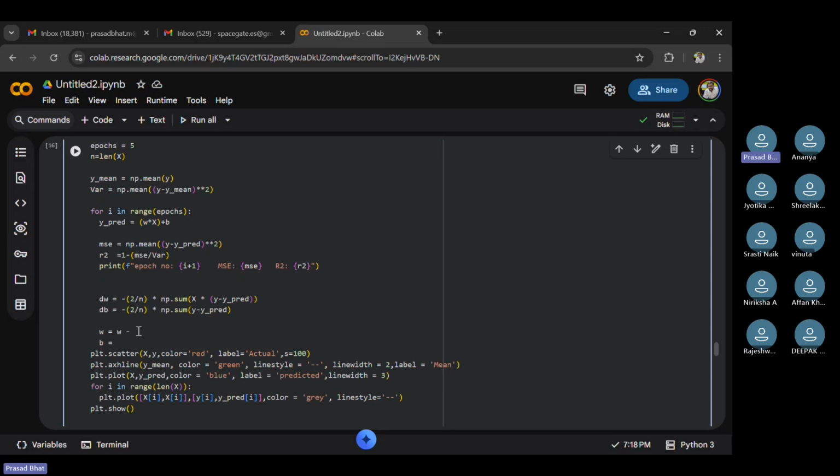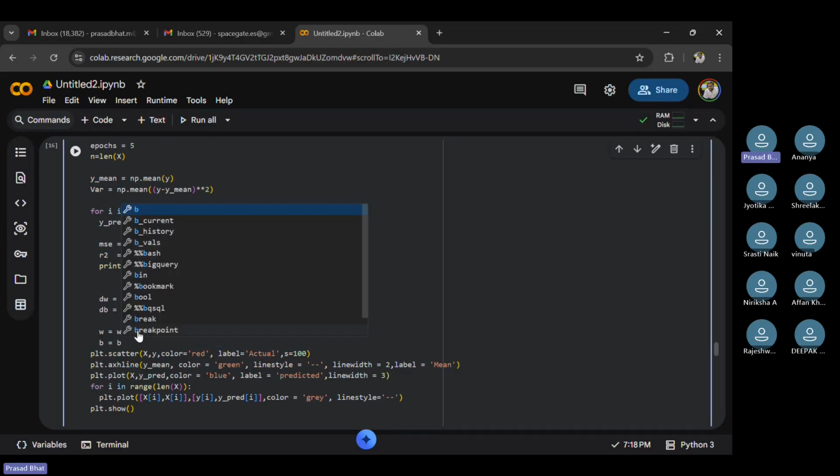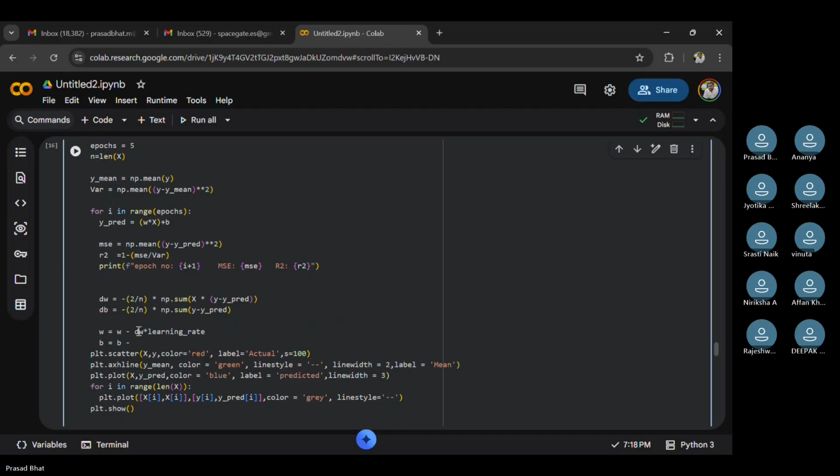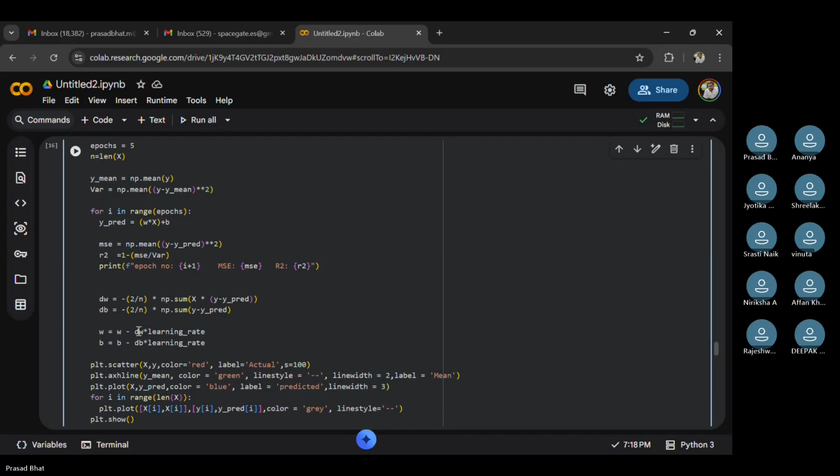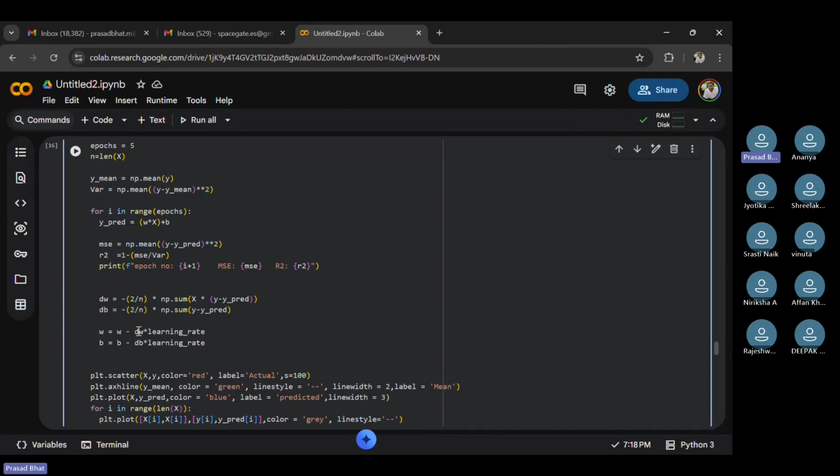So either way it will reach. What is this? dW multiplied with learning rate. I hope you remember this from the whiteboard. So here also it is B minus db multiplied with learning rate, right? That's it. This is the essential part of gradient descent.